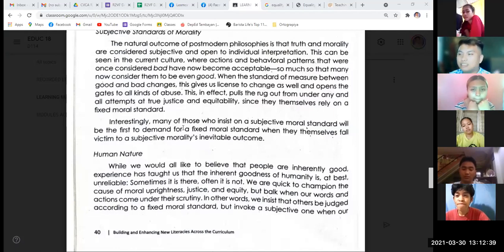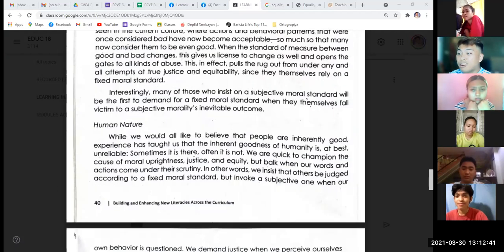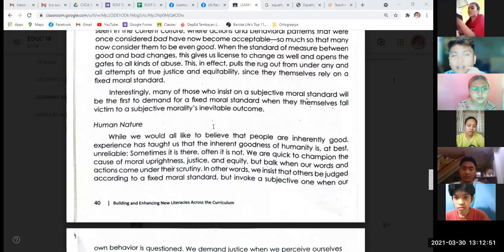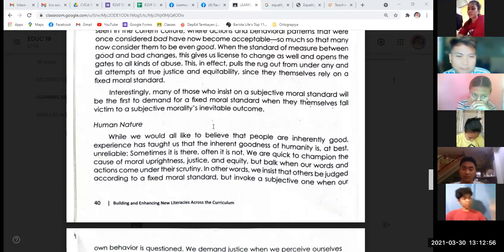So that's how human nature works. Okay? Why? Because people are inherently good. Okay? This is the political philosophy that men are naturally born good. It's the society who corrupts us. Yeah? But according to another political philosopher, he said that men are naturally born evil.